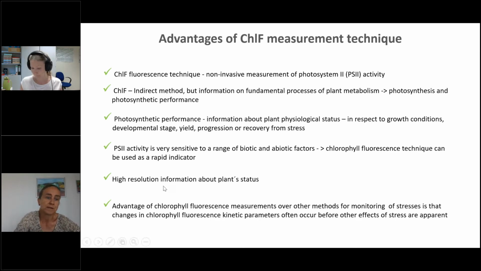So basically what we get is high resolution dynamic information about the plant status, which is very useful, especially as it's a rapid indicator. Usually with chlorophyll fluorescence measurements, we can characterize the stress status of the plants prior to any stress effects being seen, for example, by visible imaging.